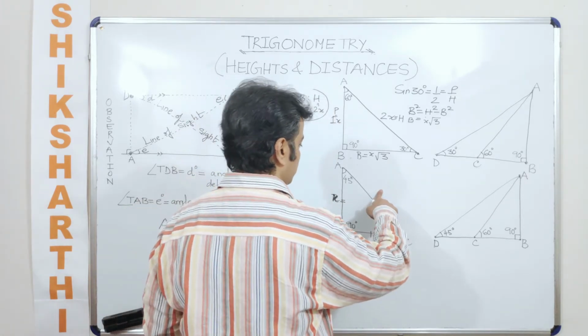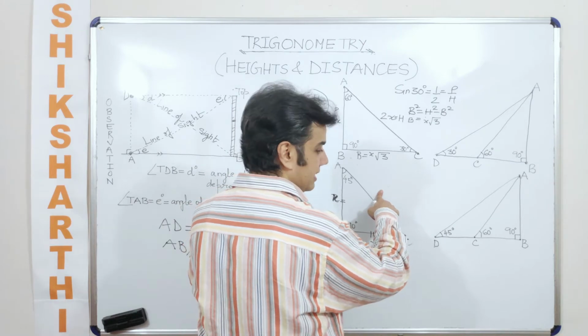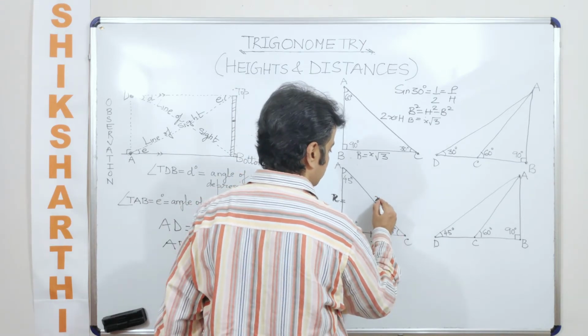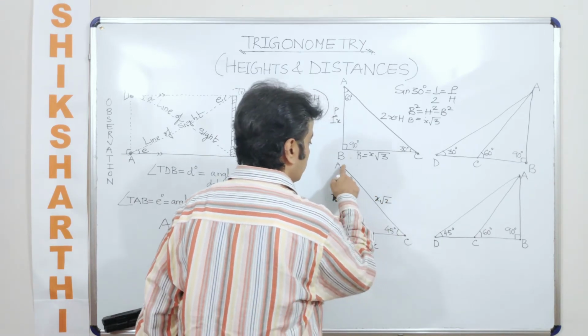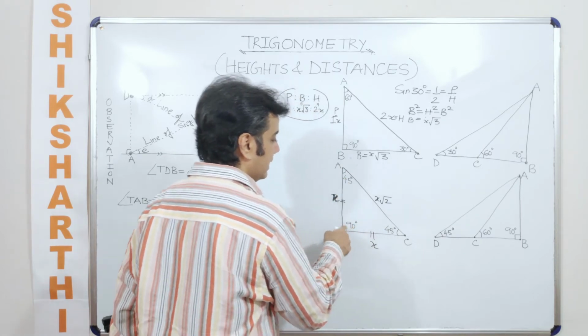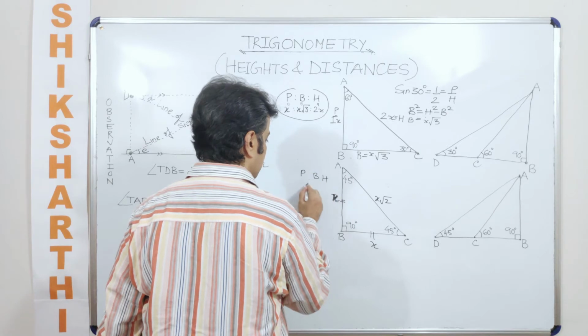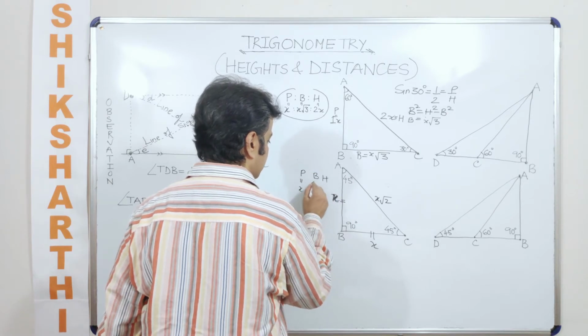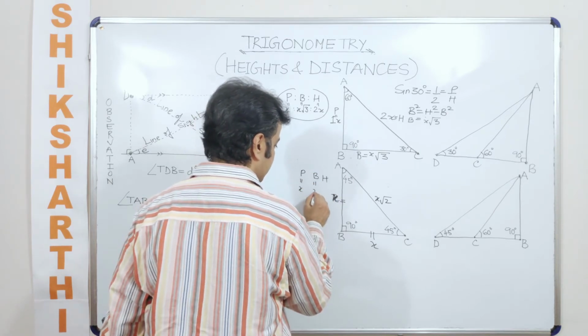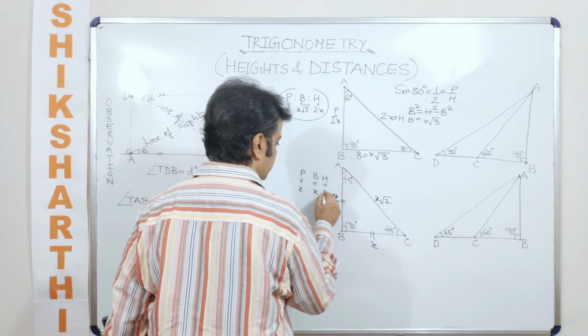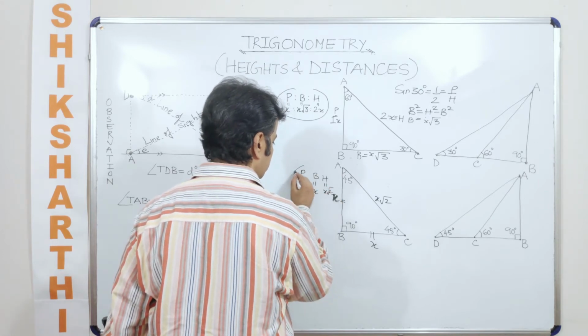Can we find out the hypotenuse? Yes, the hypotenuse is the square root of x square plus x square, so this becomes x root 2. So for an orientation of 45, 45 and 90, P is x, B is x again, and H is x root 2.